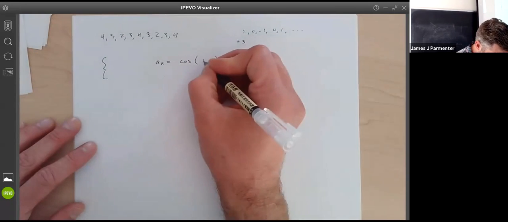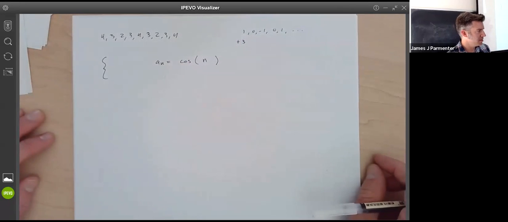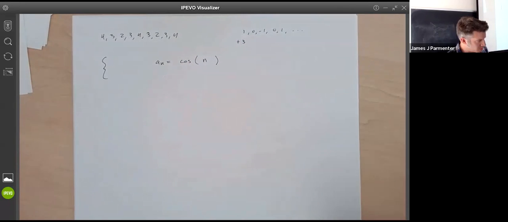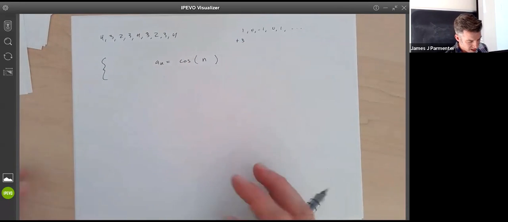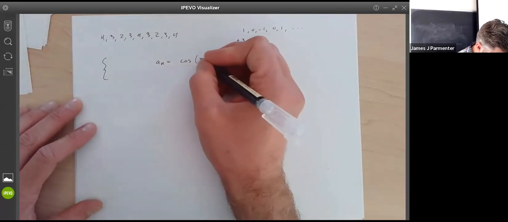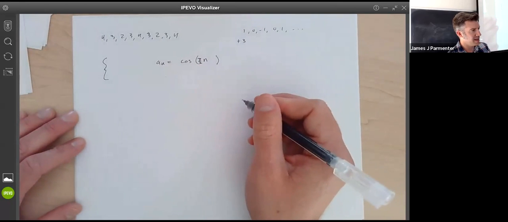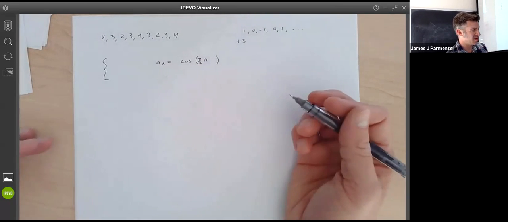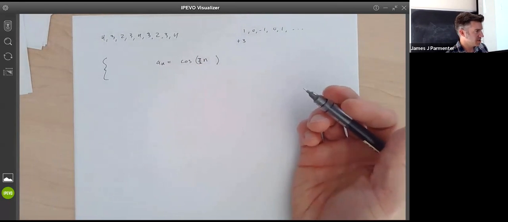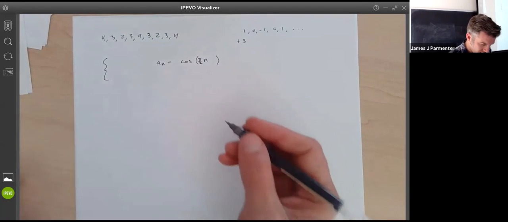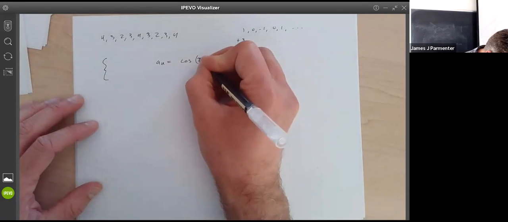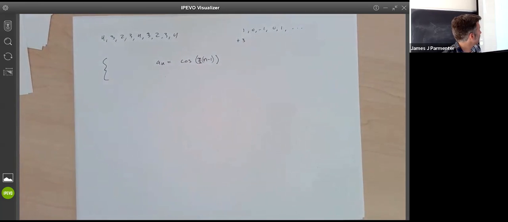Because I don't want cosine of n. Cosine of 1, useless. Cosine of 2, not helpful. What I really want is pi over 2 times n if I was starting at n equal to 0. But usually we start at n equal to 1. So we're actually going to do this. That's going to get us what we want, almost, right?